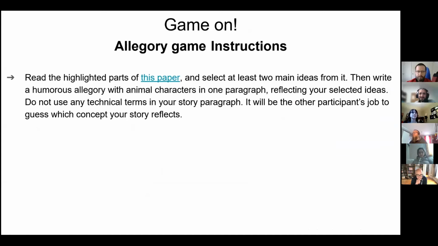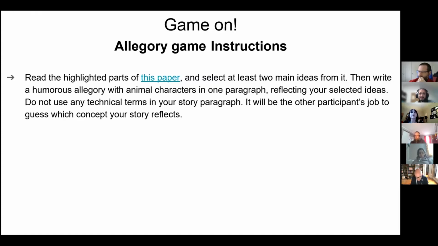Select your ideas, and then in your groups, we're going to send you into breakout rooms to write an allegory, humorous. That's Ahmad's insistence. It doesn't have to be funny, but it's great if it can be, with animal characters that demonstrates the idea or concept in that small highlighted section, not using the terms from the actual section.